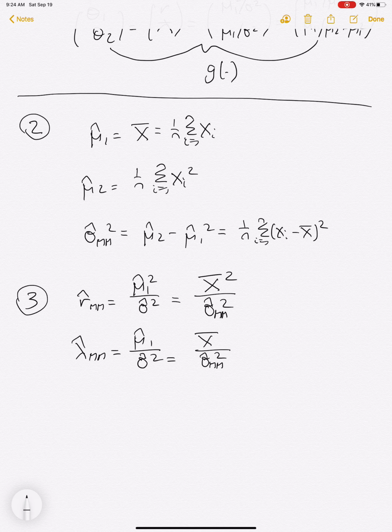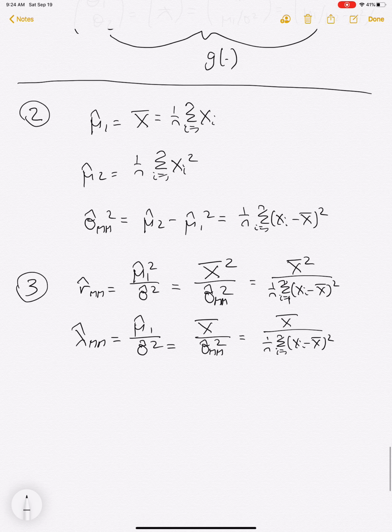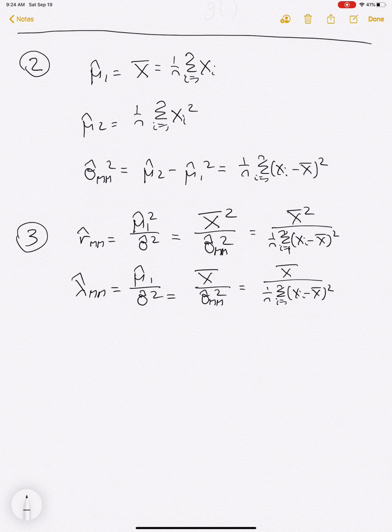Okay, so this gives you the method of moments estimates in both the gamma and the normal case, where you have two parameters that you're interested in estimating.